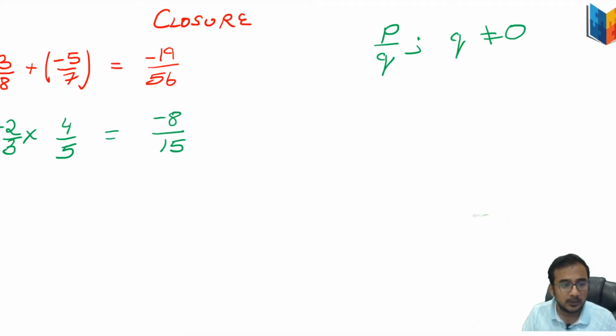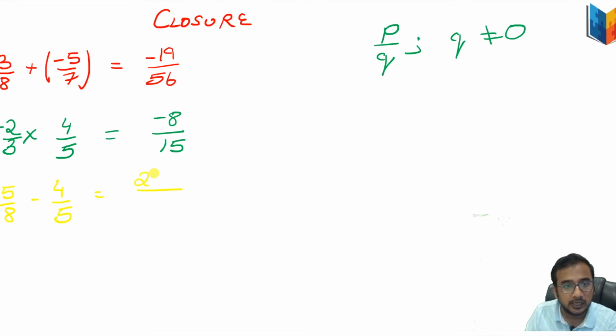Let us see one example for subtraction. Suppose we will have 5 by 8 minus 4 by 5. Suppose this is the number. So if now we subtract, the result which will come will be a rational number only.